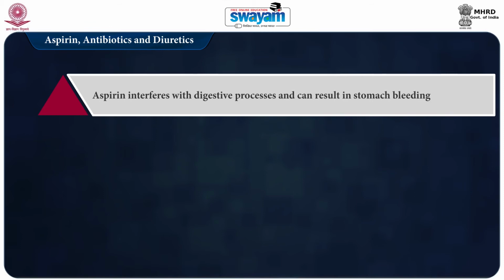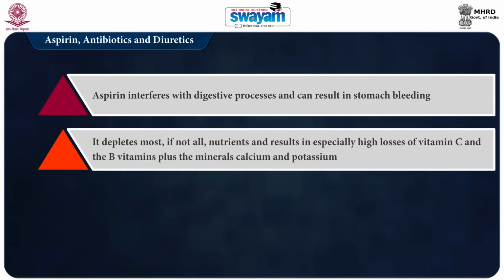It also interferes with blood clotting, and it lessens the ability of cells to absorb glucose for heat and energy. It depletes most, if not all, nutrients and results in especially high losses of vitamin C and the B vitamins, plus the minerals calcium and potassium.